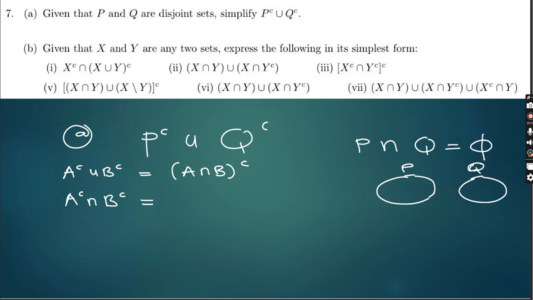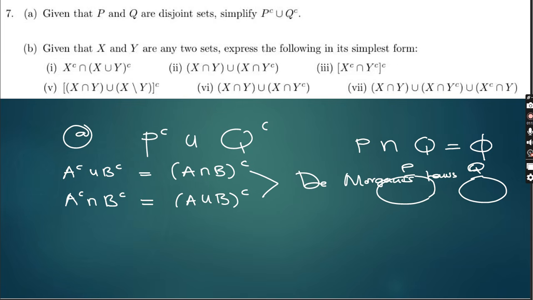It is the same as A union B complement. So when you see two complements uniting or intersecting, apply De Morgan's law. These are De Morgan's laws of sets.